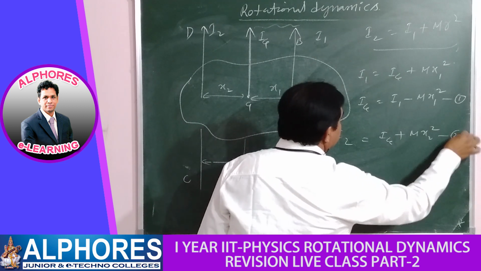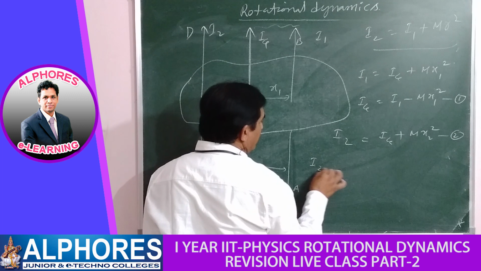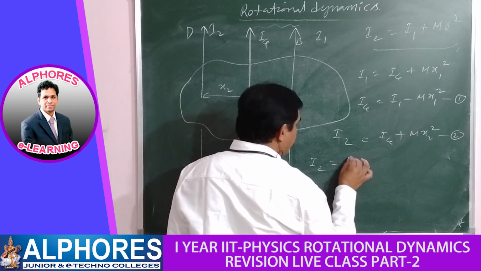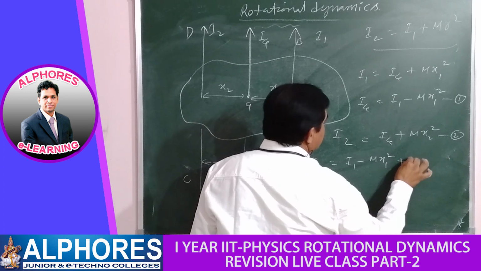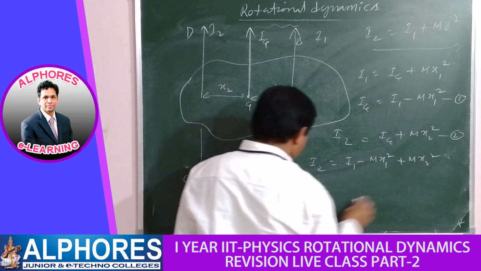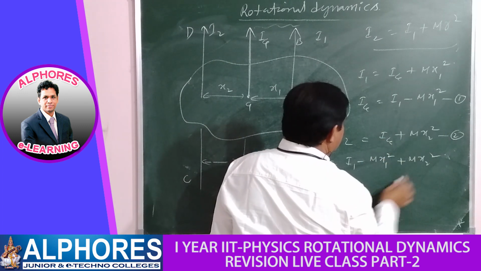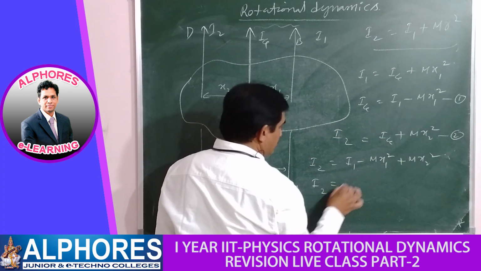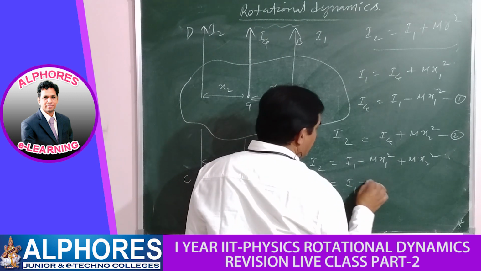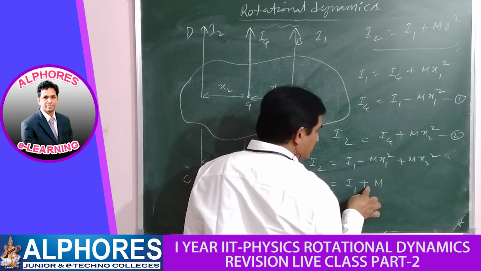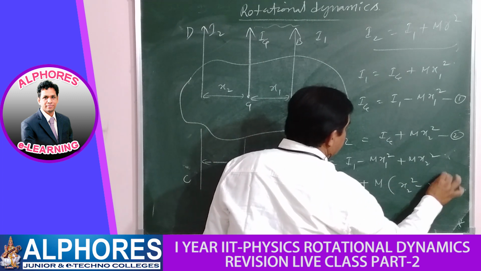This is equation 2. Put equation 1 in equation 2: I2 is equal to I1 minus m x1 square plus m x2 square, which gives I2 is equal to I1 plus m into (x2 square minus x1 square).